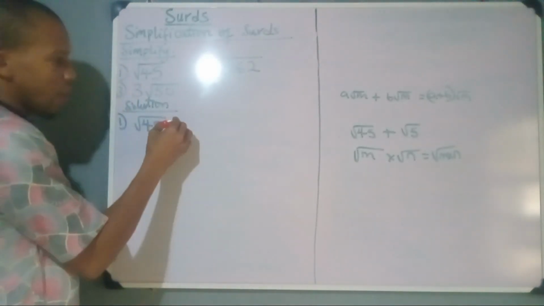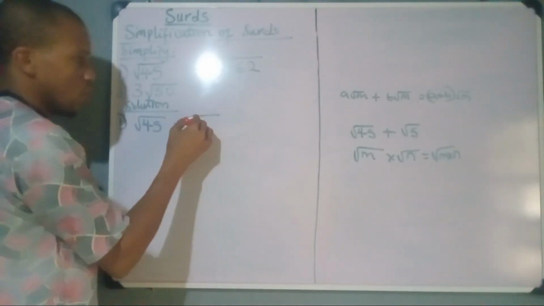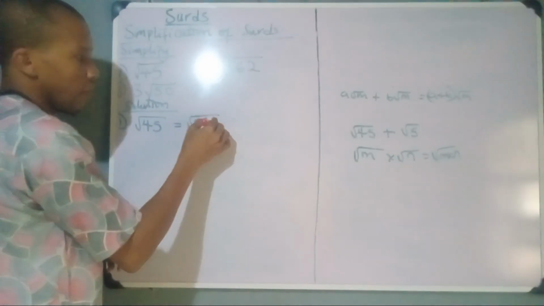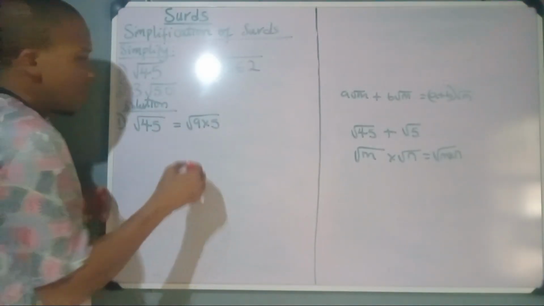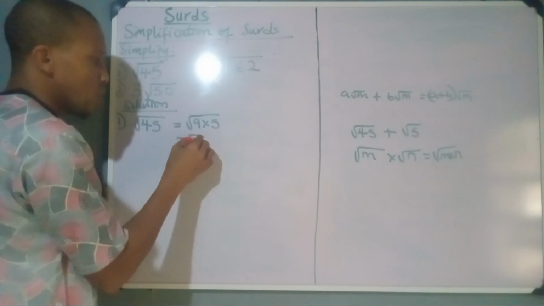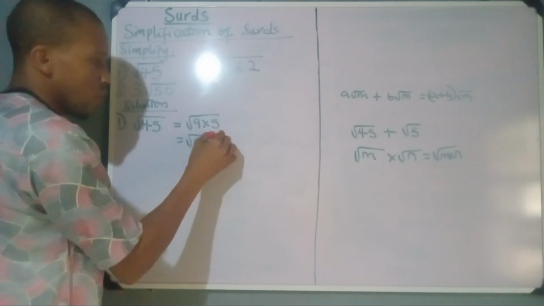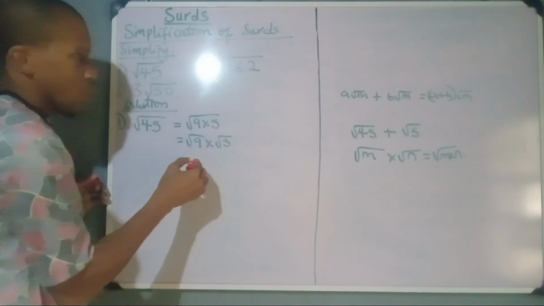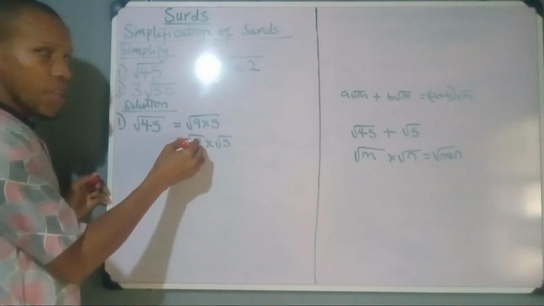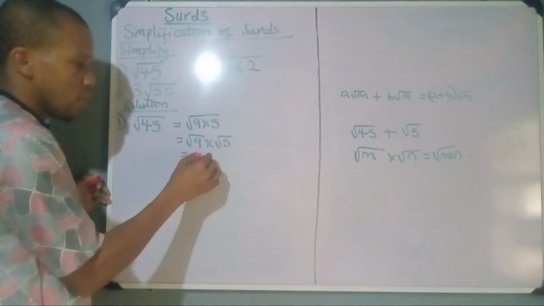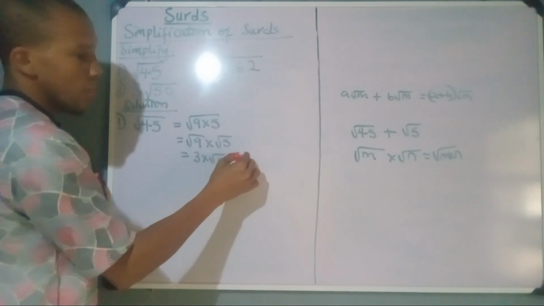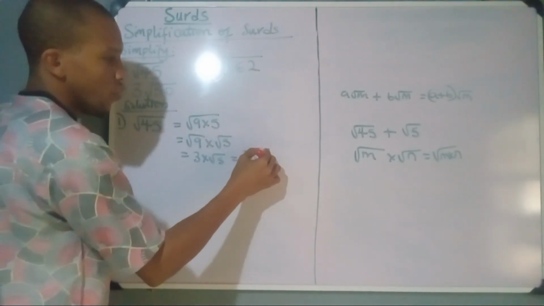Root 45 is equal to root (9 times 5), since 45 is 9 times 5. That would give us root 9 times root 5, and the square root of 9 is 3. So it will give us 3 times root 5. We can just write it as 3 root 5.